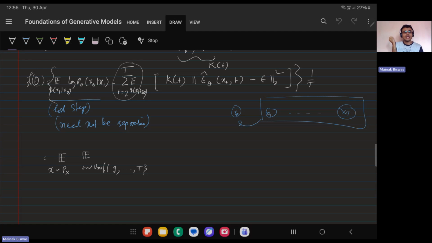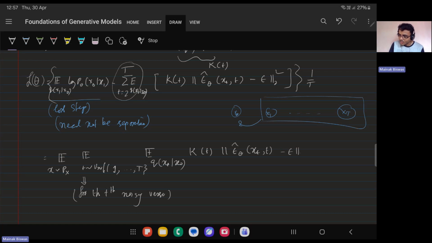So you sample a data point, and you sample a corresponding t for the data point, that is the time point at which you want to get the tth noisy version. Then you sample q of xt given x0, because we know the distribution. Once you do that, you can compute kt times epsilon theta of xt comma t minus epsilon, squared.